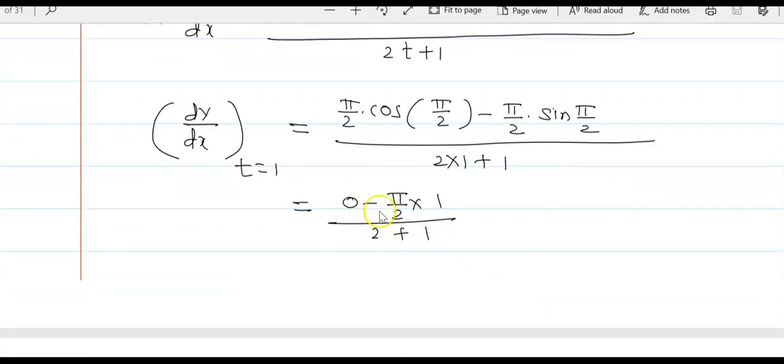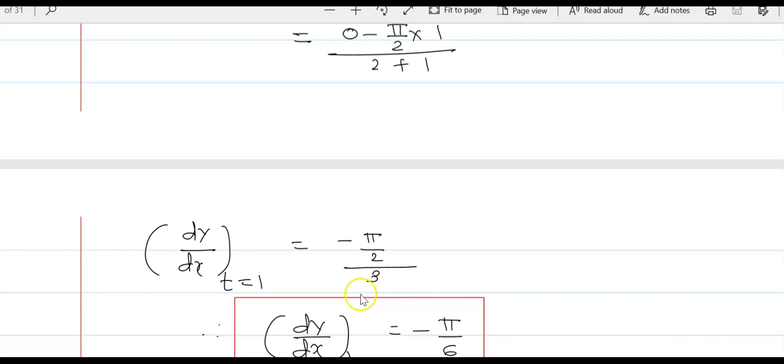Now here is minus pi by 2 into 1, and 2 plus 1, that is 3, that is minus pi by 6.